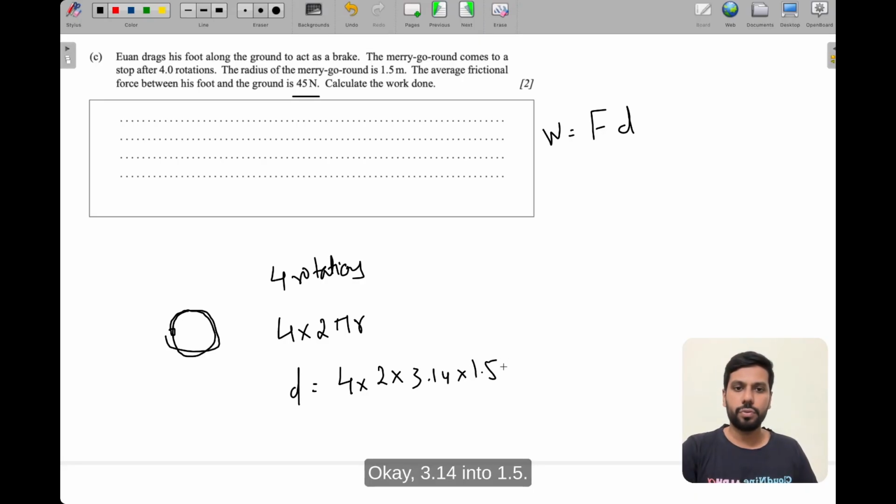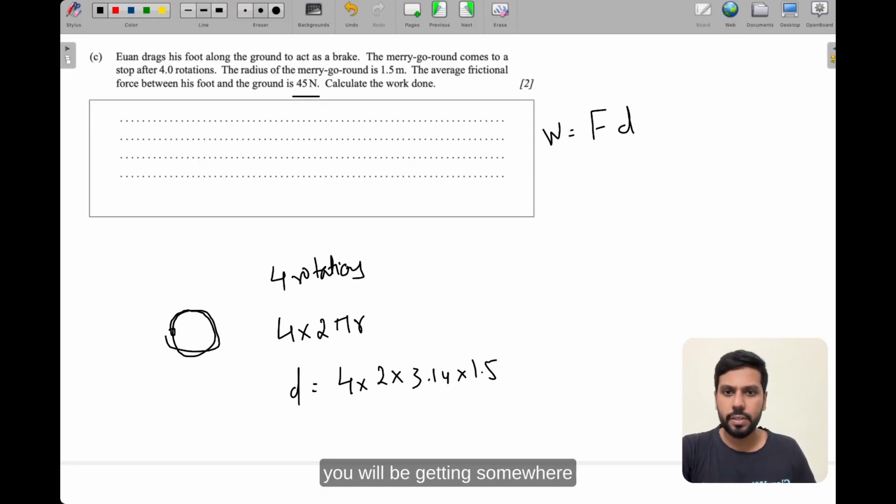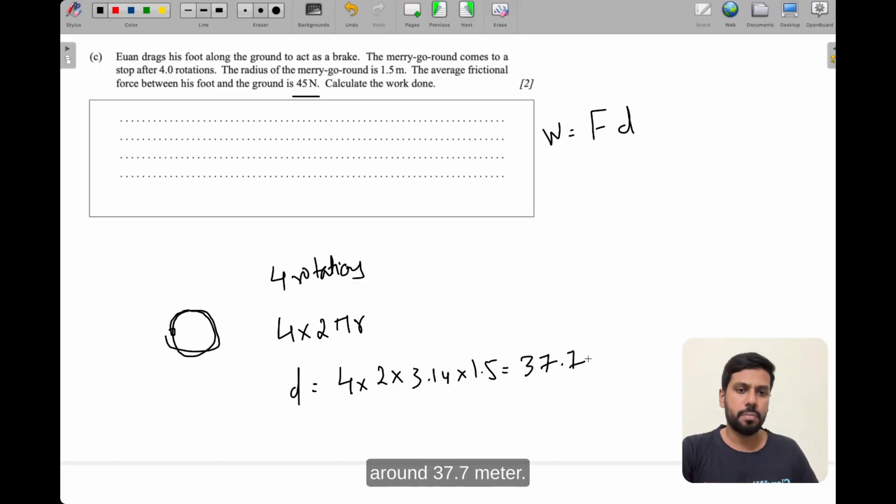If you do the calculation, you will get somewhere around 37.7 meter. And that's your distance.